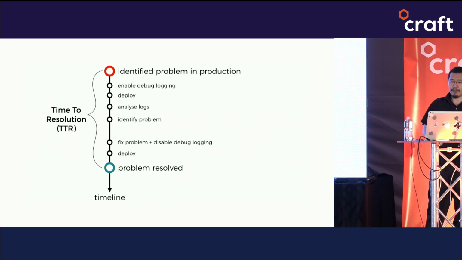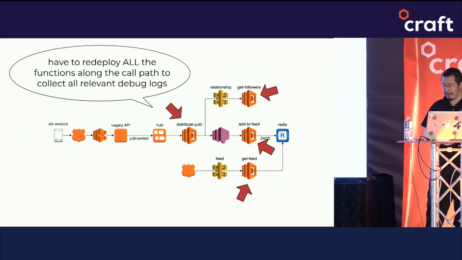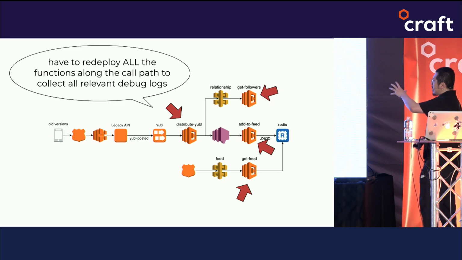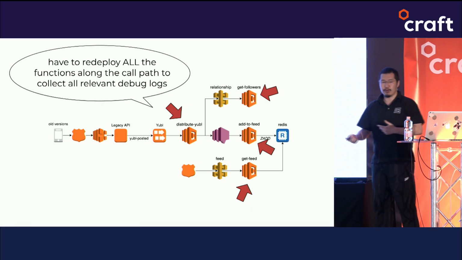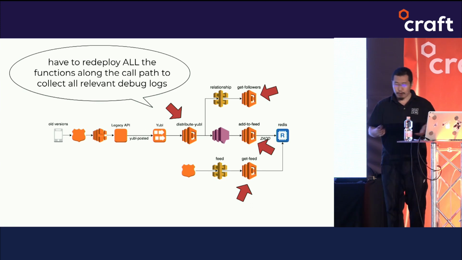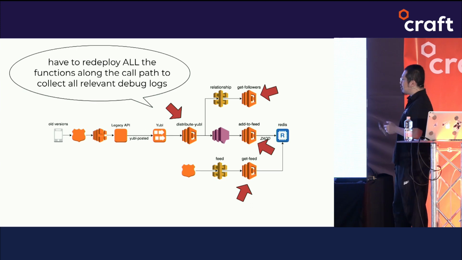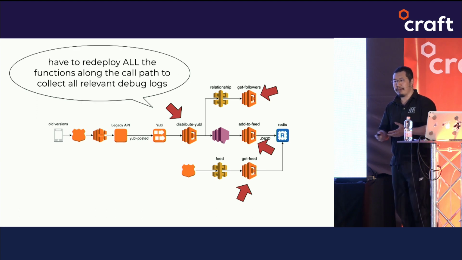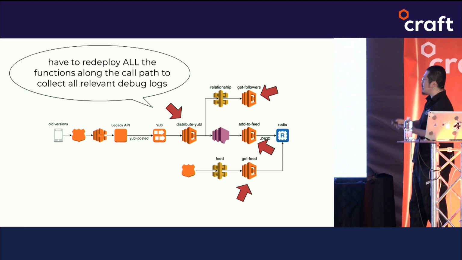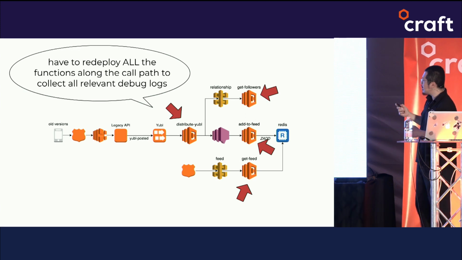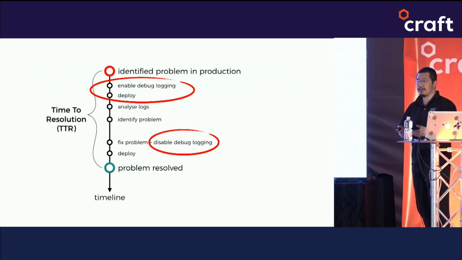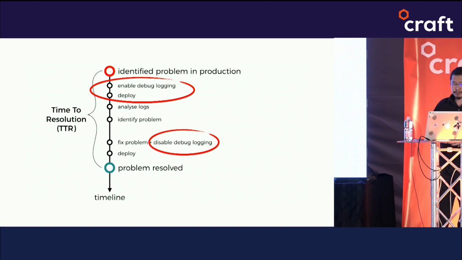And when you've got a microservice architecture, even with Lambda, you're still building microservices. A single feature can involve many Lambda functions with different event sources. And if you know there's a problem somewhere within one of these functions, to actually figure out what the problem is, you're probably going to end up having to enable debug logging and deploy a whole bunch of different functions across different service boundaries, which of course is just going to hugely increase your time to recovery from these issues.